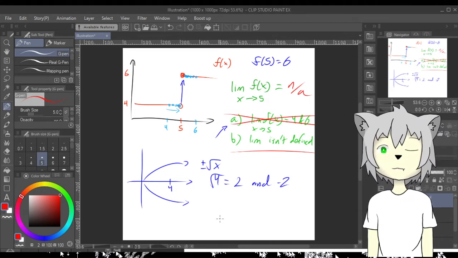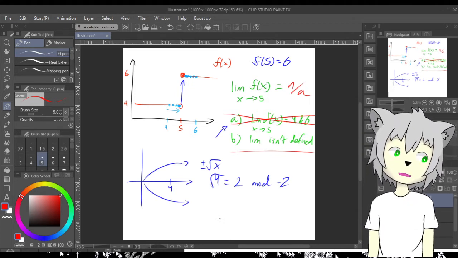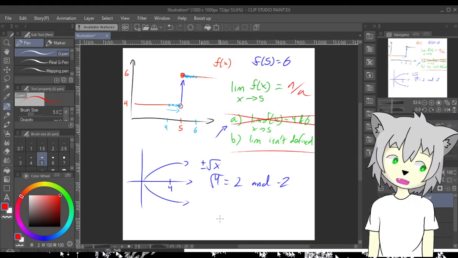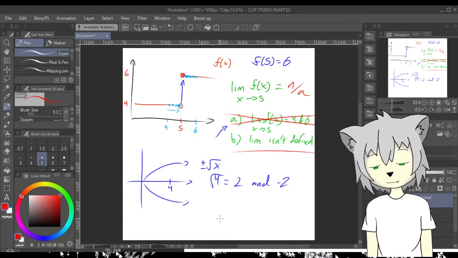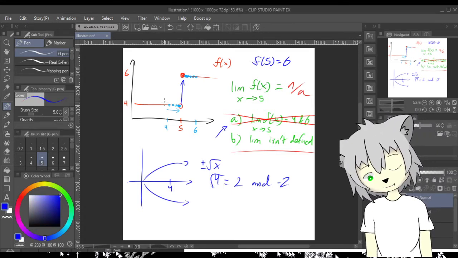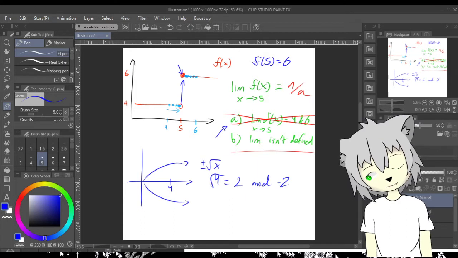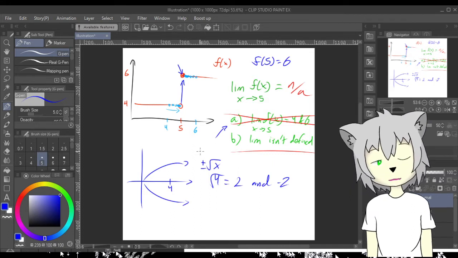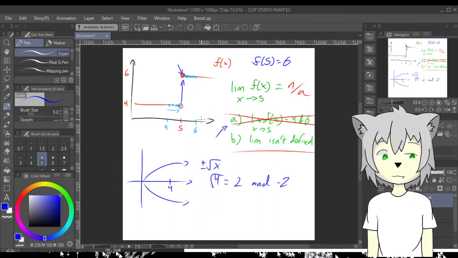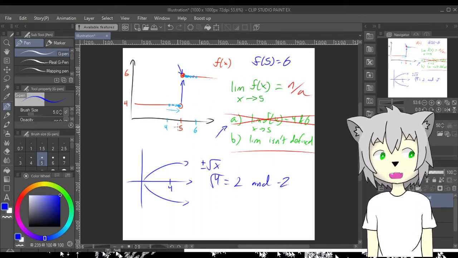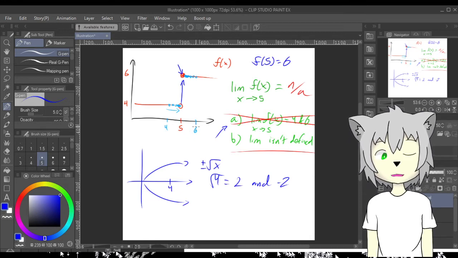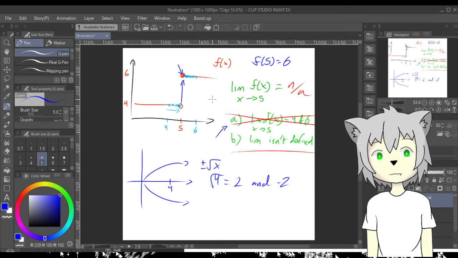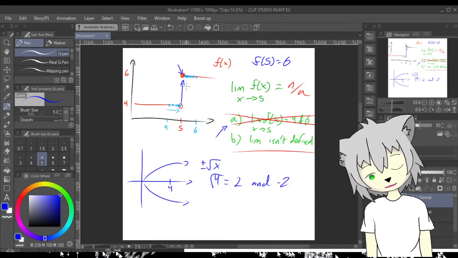From one side to the other, it technically does approach a value. Even though this here is defined, the values approach different values. The limit from one end and the other end, from numbers smaller than 5 and numbers higher than 5, both approach different values.